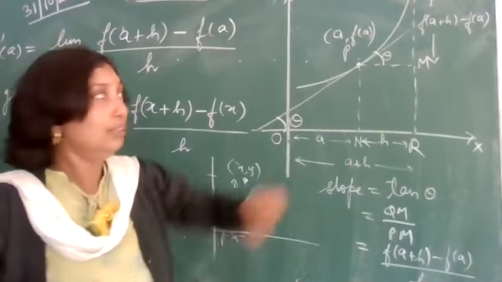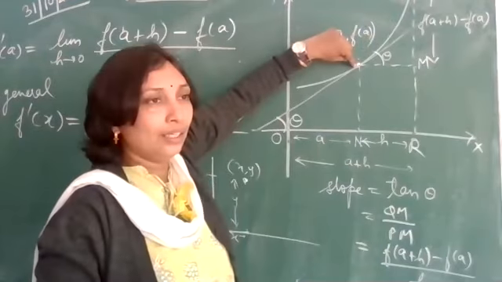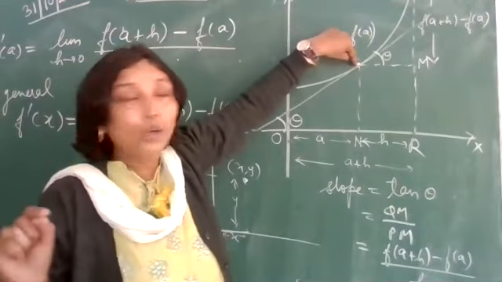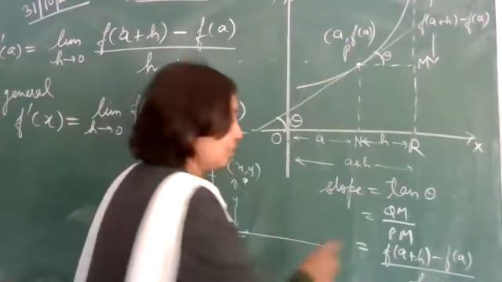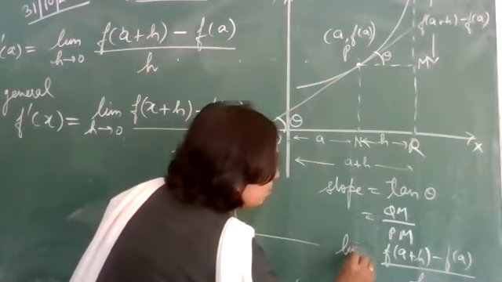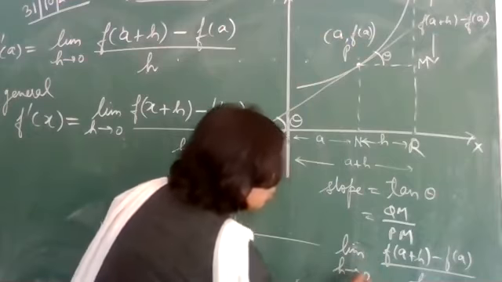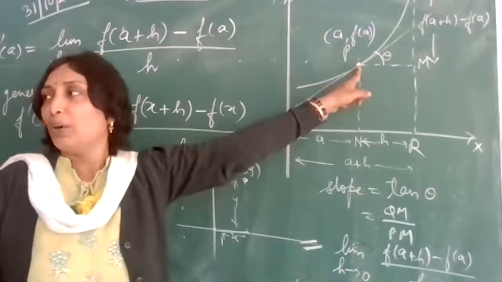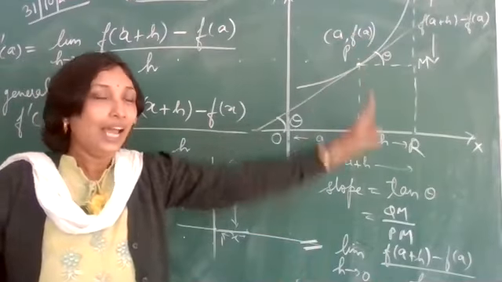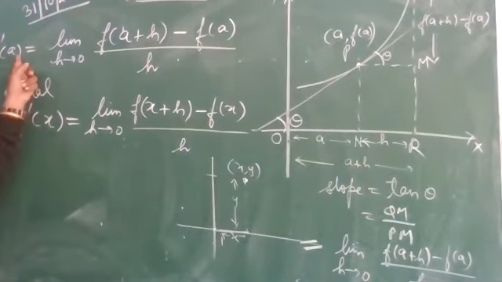Yes, it will coincide with P. Because h tends to 0, the point Q will coincide with P. That means if we are applying limit h tends to 0, we will get the slope of the tangent at point P. Okay? And this is the derivative of the function at any point.